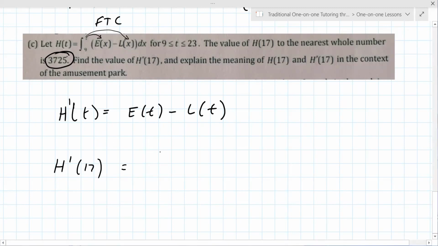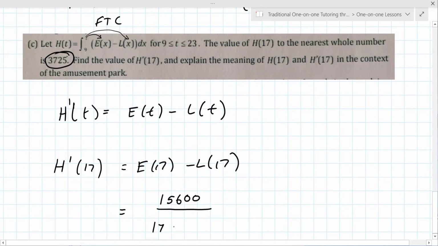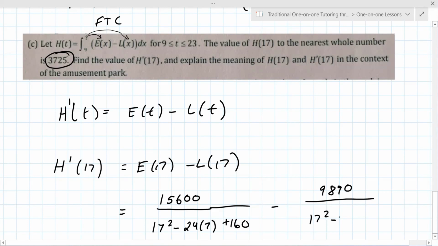Okay, so h prime of 17 means E of 17 minus L of 17. Okay, and you go back to your functions. So E of 17 means to put 17 in for t in that first thing that it gave you, 17 squared minus 24 times 17 plus 160. L of 17 is 9890 over, oh, they're not the same. 17 squared minus 38 times 17 plus 370.